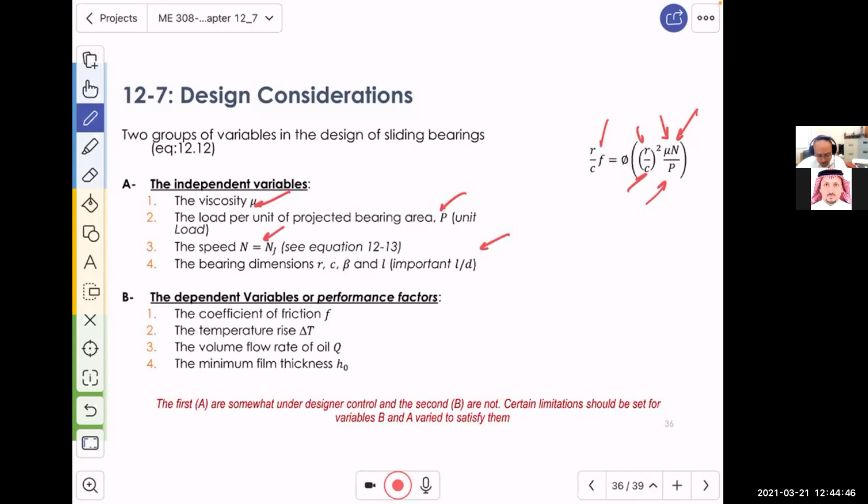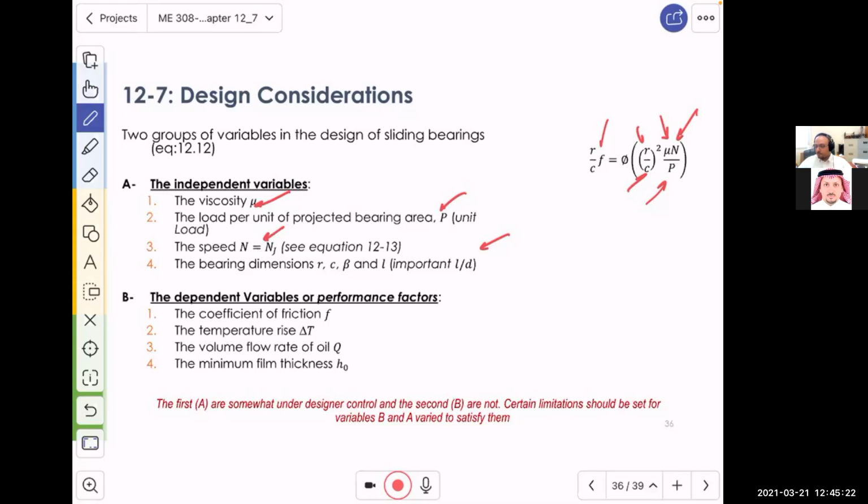Now, there are things which are dependent variables, and most of the time, you have no hand on them. For example, friction. Yeah, you can change the viscosity, and it may affect the friction, but to some extent. And sometimes you even cannot change it. In the end of the day, friction is not something you can control. It is indirectly controlled. You need to change the viscosity to change the friction.